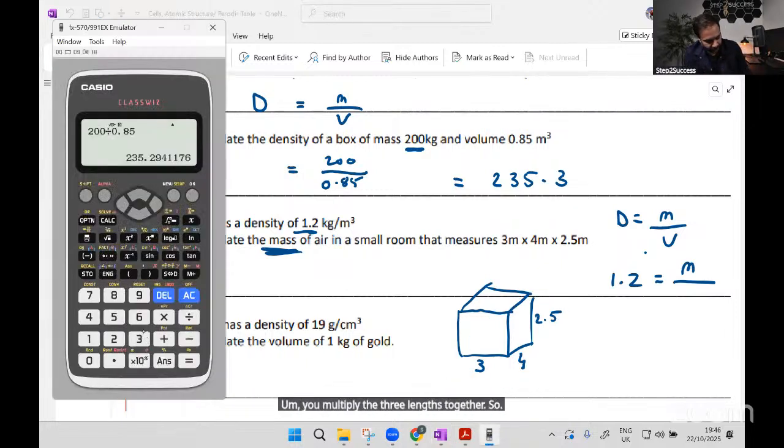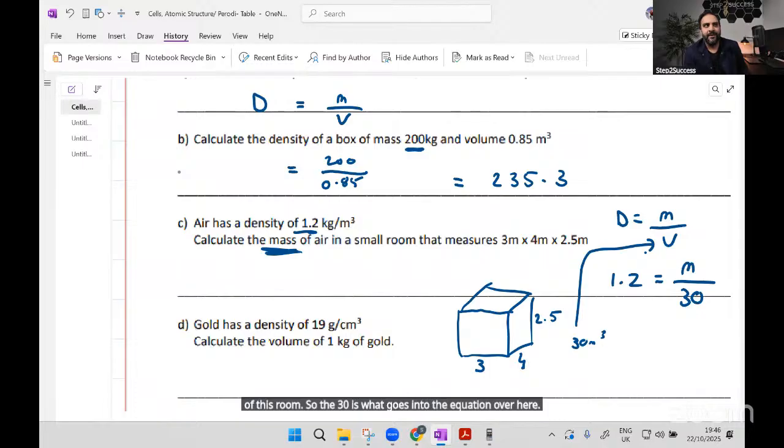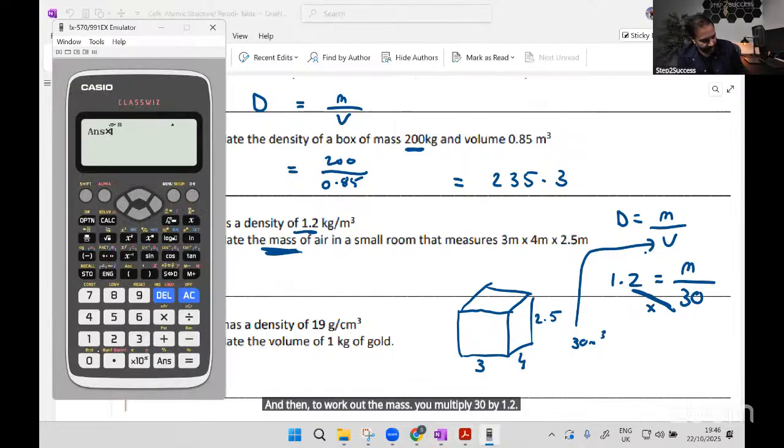So 3 times 4 times 2.5 gives you 30. 30 is the volume of this room. So the 30 is what goes into the equation over here. And then to work out the mass, you multiply 30 by 1.2 and you will get 36.